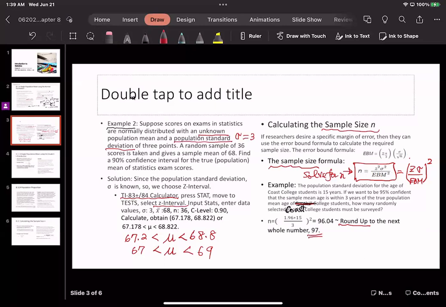Do not drop off the 0.04. Even though this decimal is very small, we need to count it as one more sample size, and just round up 96 to 97. That's why we have 97 as the final answer.